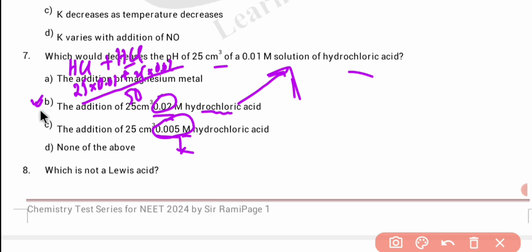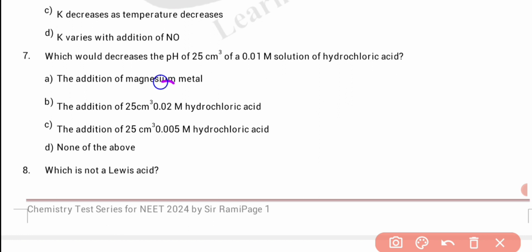So the correct option has to be B, because in this option the concentration of H+ ion is 0.02, while in the third option this will also decrease, but to a lesser extent. So the correct option for the seventh question is B.